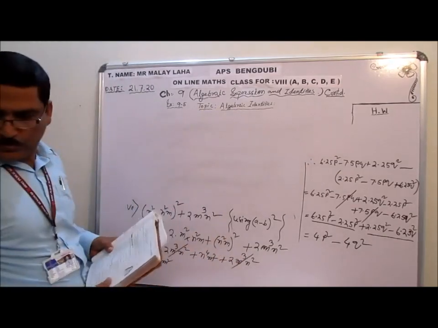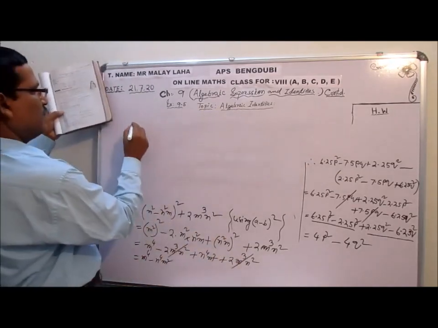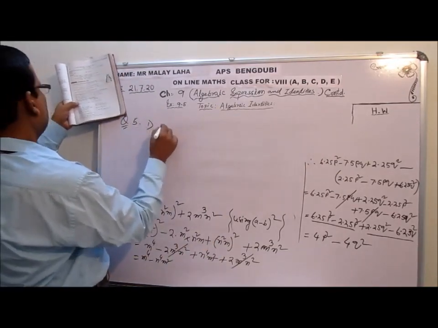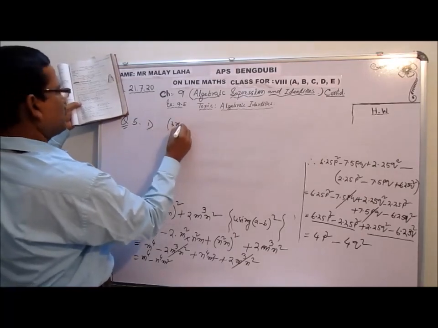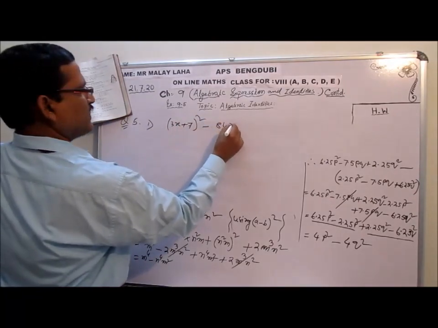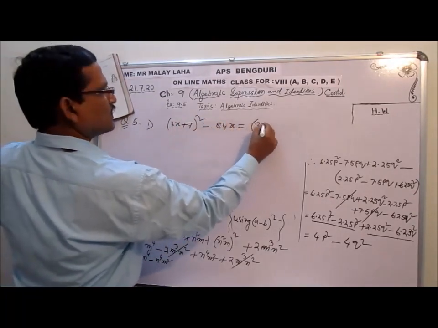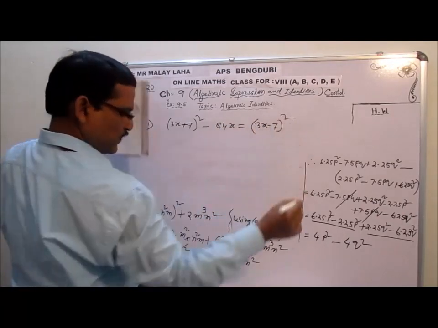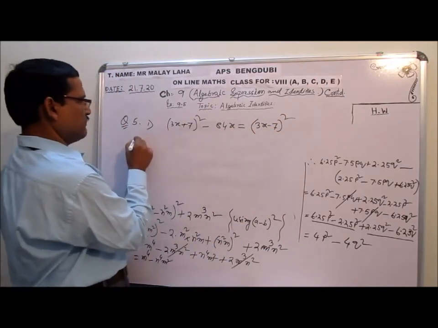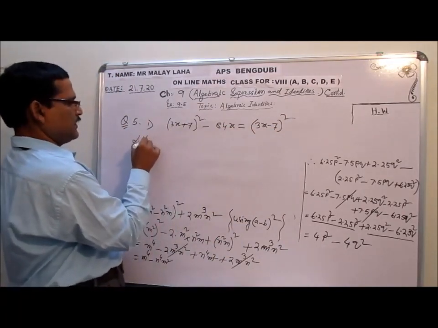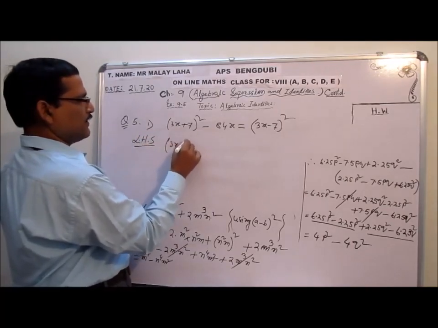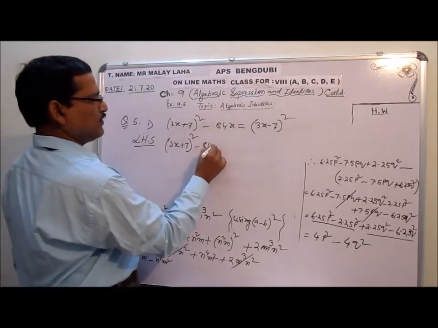Now here, question 5 part 1. Show that (3x plus 7) whole square minus 84x is equal to (3x minus 7) whole square. So first we will consider the left hand side. Taking LHS, this is (3x plus 7) whole square minus 84x.